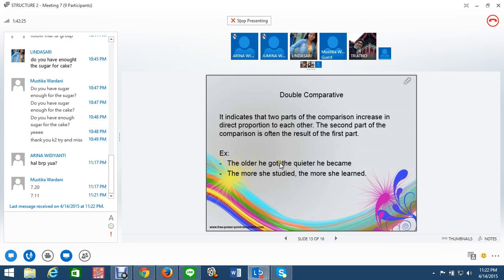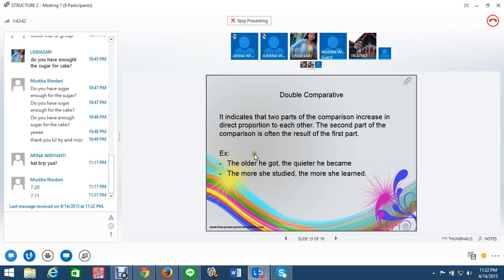So, which is the second comparison here? The quieter he became. This is the second part. This is the first part. So the second part is the result of the first part, or the first comparison.